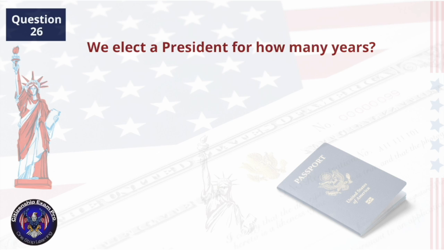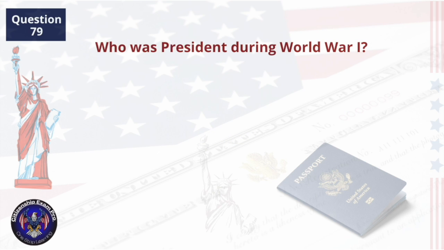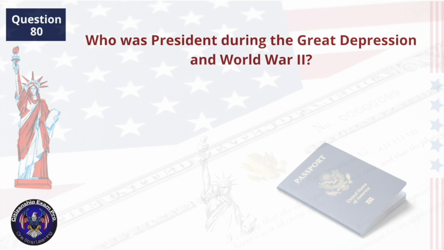We elect a president for how many years? 4. Who was president during World War I? Woodrow Wilson. Who was president during the Great Depression and World War II?